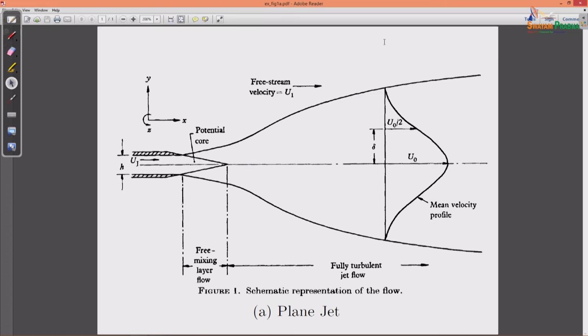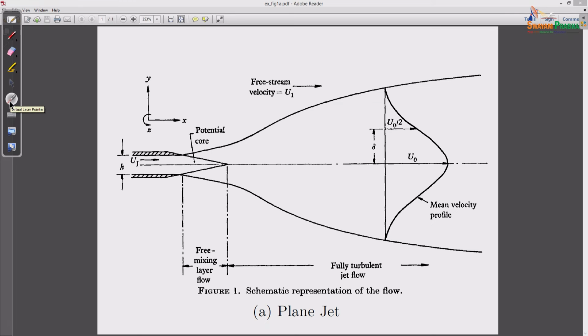So, let me show you a plot first, and then we'll go back. In this plot, you have the u jet which is coming out, and this one is H, or you can call that D. This is a potential core, and then when the fluid is moving, this is a fully turbulent jet flow.